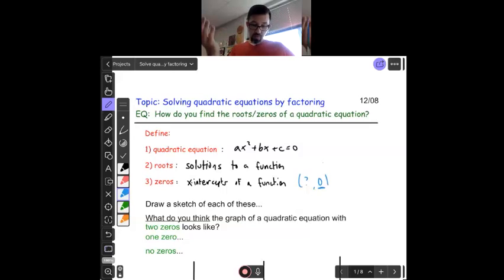Okay. So if roots are the same things as solutions, and zeros are the same things as x-intercepts, well, it turns out x-intercepts are the same things as solutions, and thus zeros are also the same things as solutions. So kind of a bigger deal here is that solutions and x-intercepts and zeros and roots all really mean the same thing.